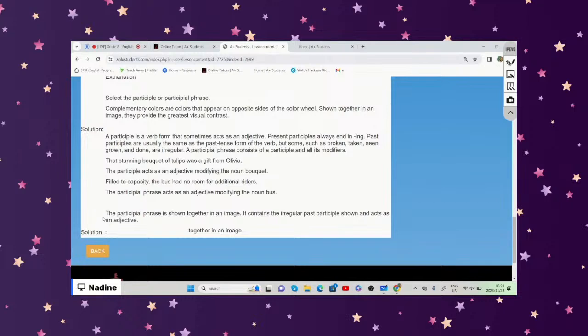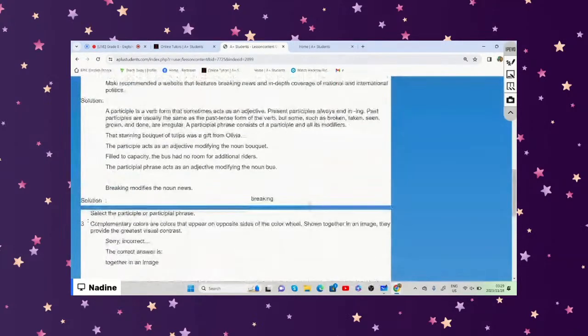And it even says that the participle phrase is shown together in an image. It contains an irregular verb, a past participle, shown, and acts as an adjective.